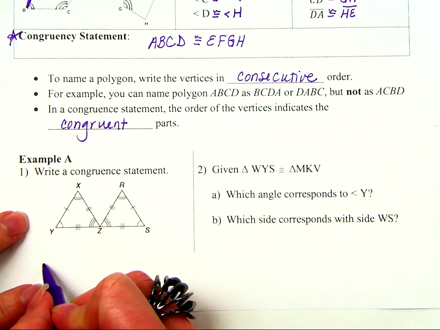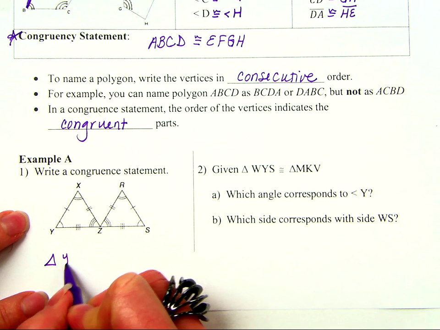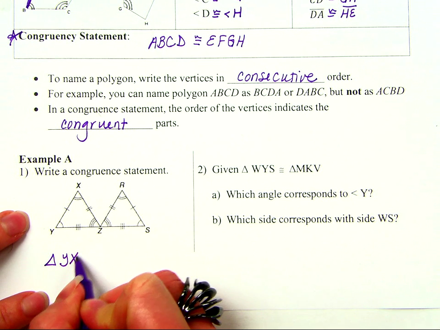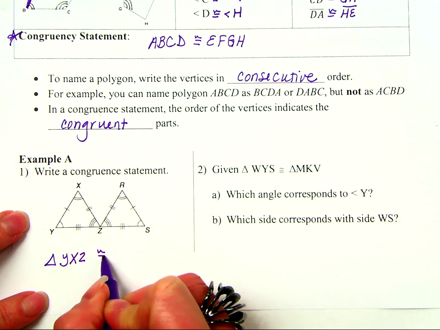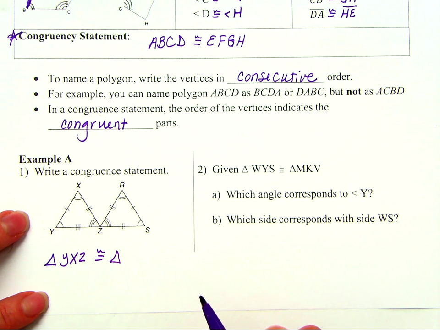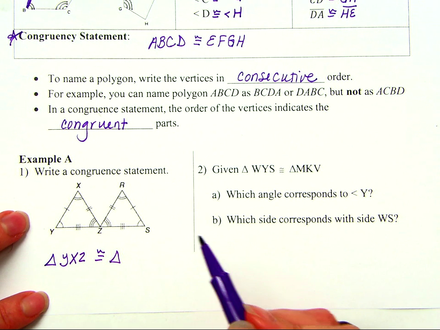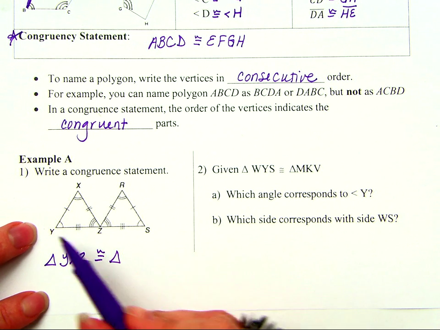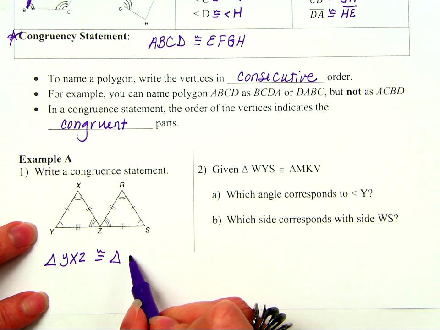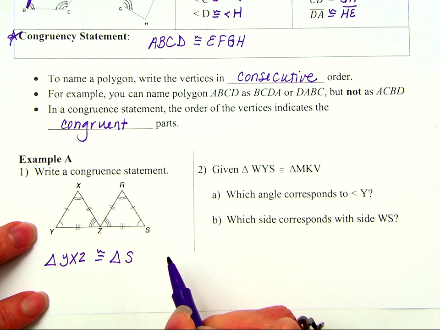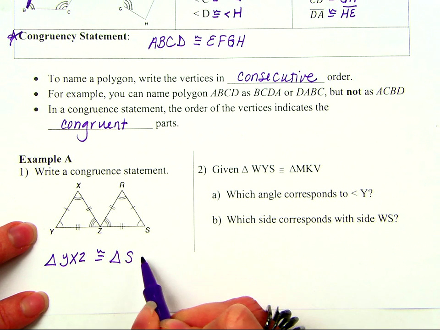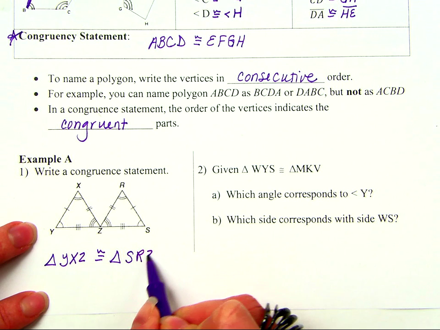But if I chose to write my statement as triangle YXZ congruent to triangle, well, if I started with letter Y here, I would have to start with letter S over here. And in corresponding order, that would go SRZ.